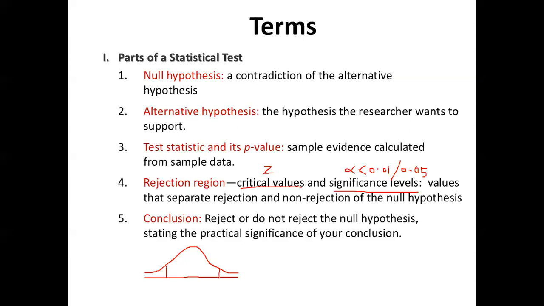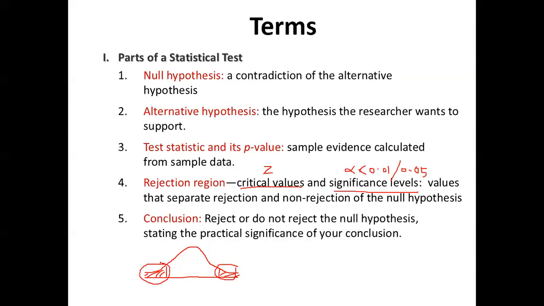If you see in this graph, the rejection region is the shaded area at the right tail and the left tail.